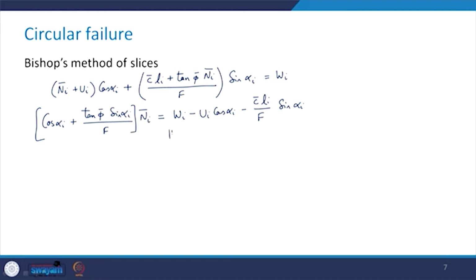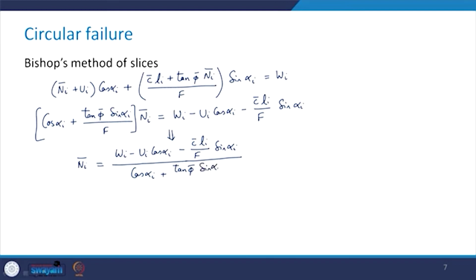Or from here I can get Ni bar equal to Wi minus Ui cos alpha i minus c bar Li divided by F sin alpha i, divided by cos alpha i plus tan phi bar sin alpha i upon F. This will be equation number 3.